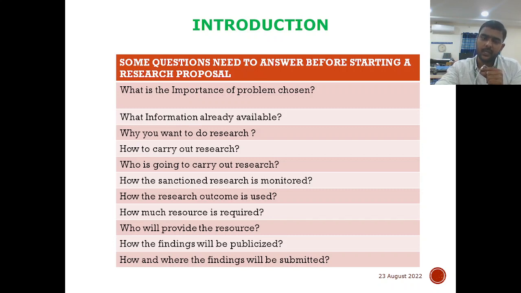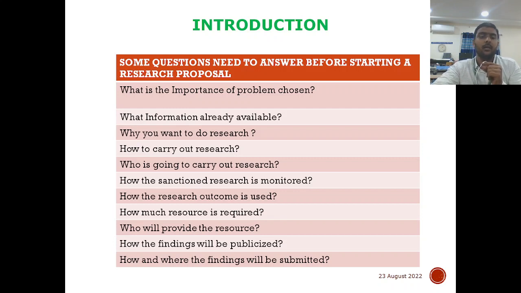You need to mention what information is already available, and then have the complete information. Why do you want to do research? That is also most important. What is the need of proposing this? You need to mention that. How to carry out research? What methods are you going to apply?